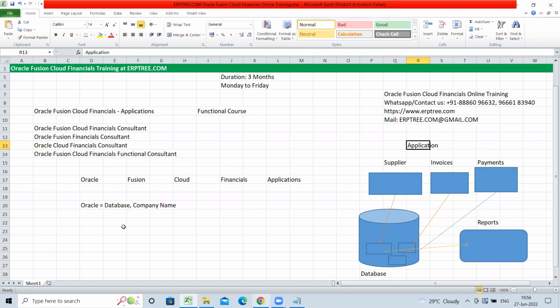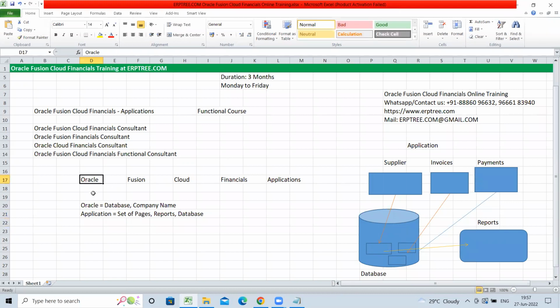No. So Oracle means simply database, or you can say company name. Application means a set of pages, reports, and database. This combination only we call as application.